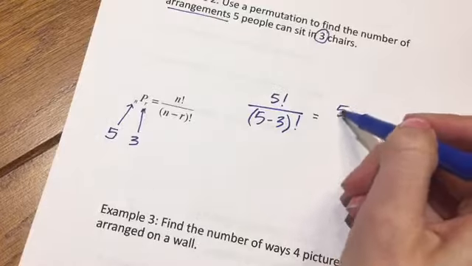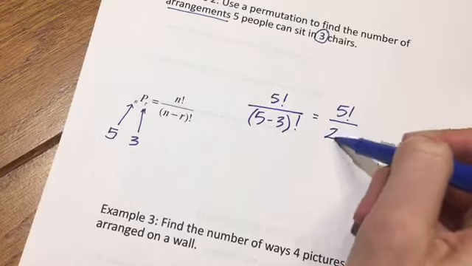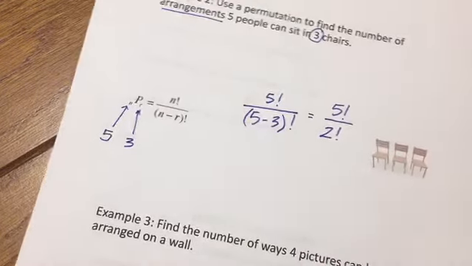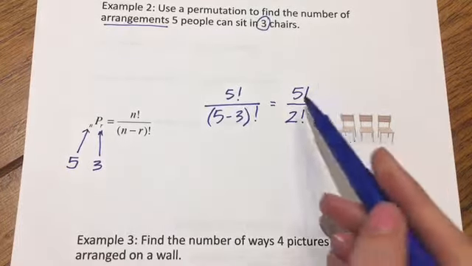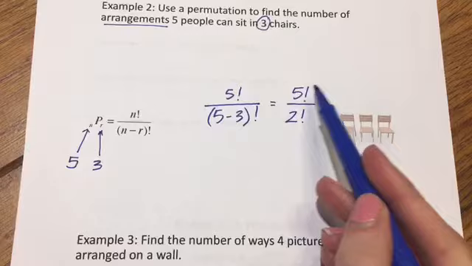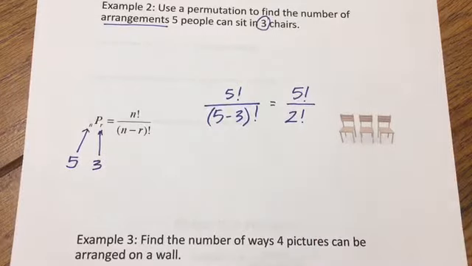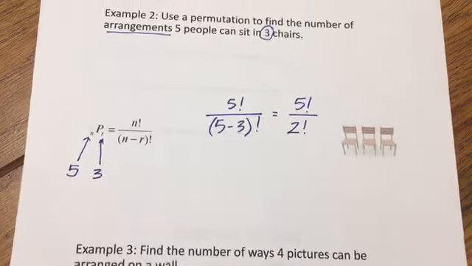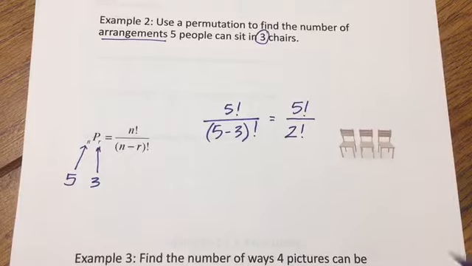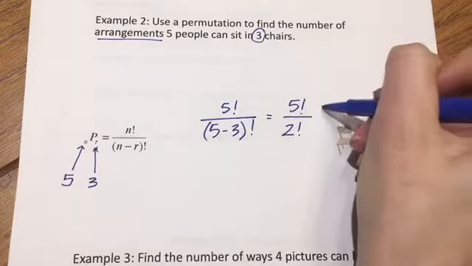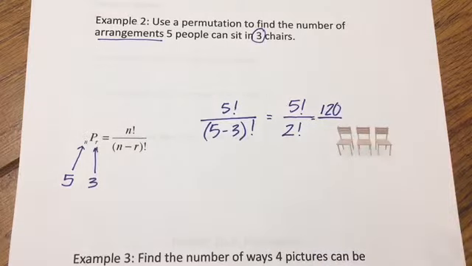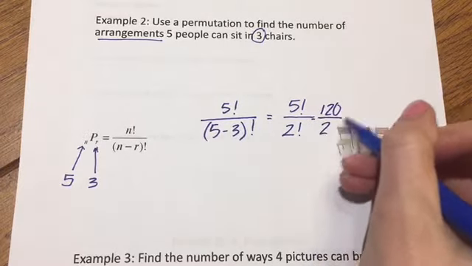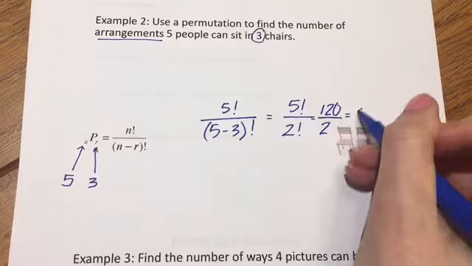So we have 5 factorial over 2 factorial. That's good. Now, we know from our first problem that 5 factorial is what? 120, right? And we know 2 factorial. Well, 2 factorial is 2 times 1, so it would just be 2. So we get 120 divided by 2 is 60.